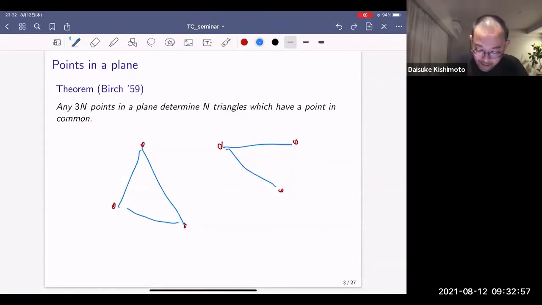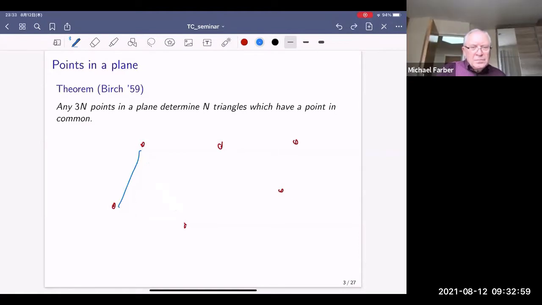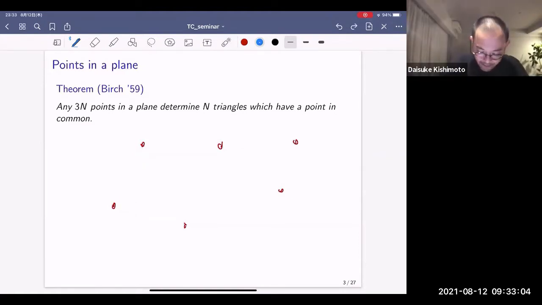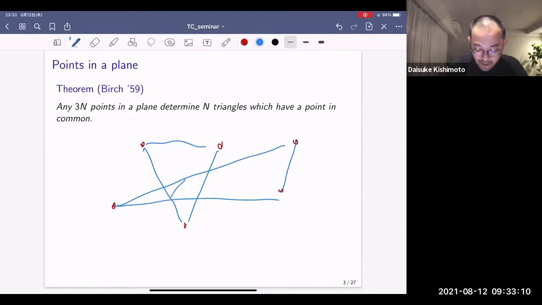But the theorem guarantees that you always have a good choice. For example, if you choose triangles like this, then you have a point in common here. Right. So this theorem is due to Birch, who proved this theorem in 1959, so a very old theorem.